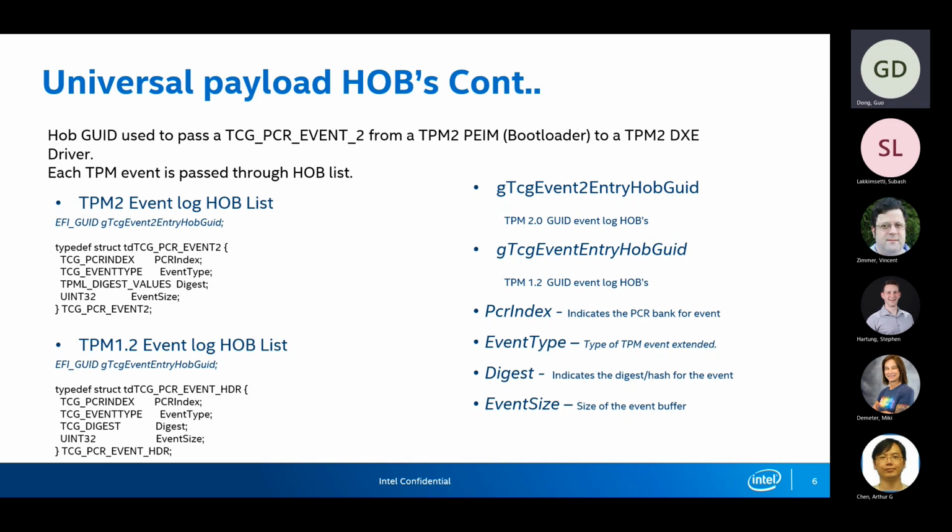Not just TPM2 or TPM 1.2, potentially there might be TPM3, for example. For the event, we try to make it more generic, I think. At least if someone wants to use TPM 1.2, the structure should be able to support it.